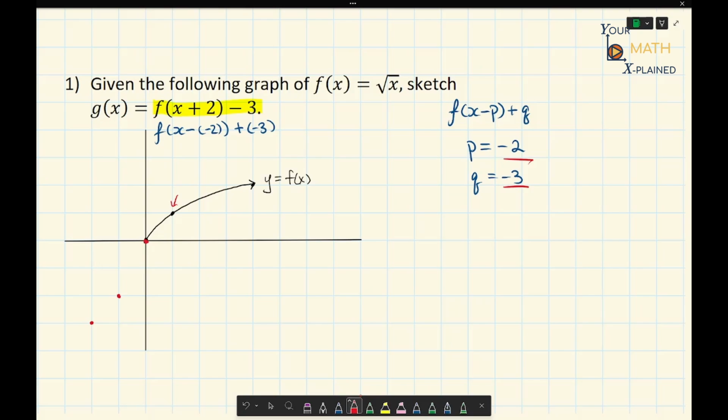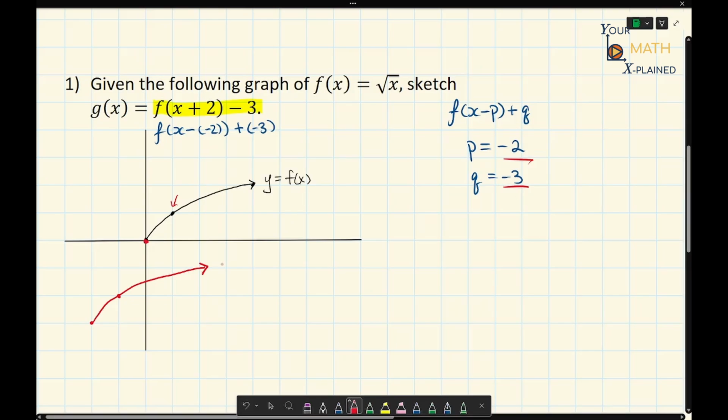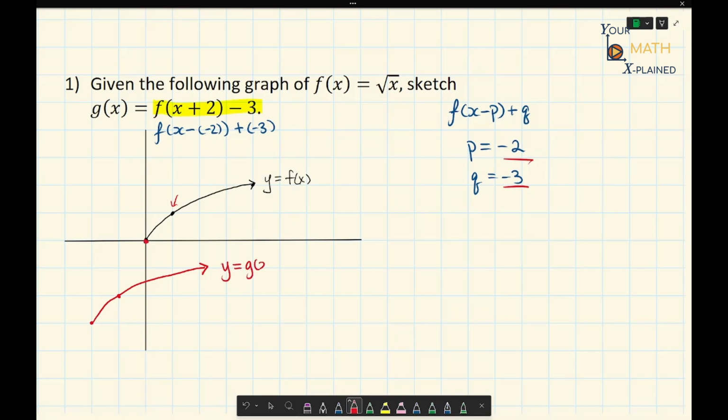So it's going to end up here, which means our new graph is going to look something like this. So this red curve is the graph of our new function, which is y is equal to g of x, which is f of x plus 2 minus 3.